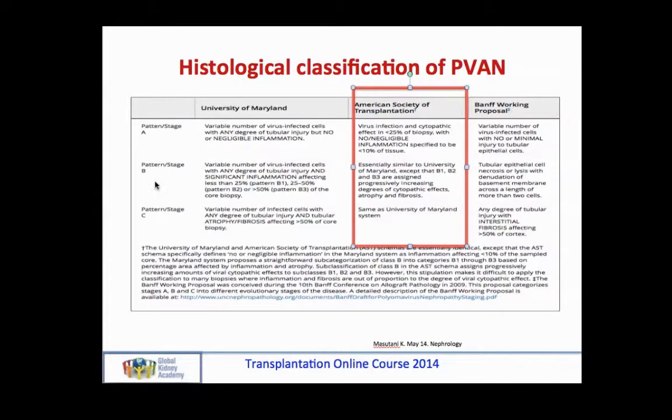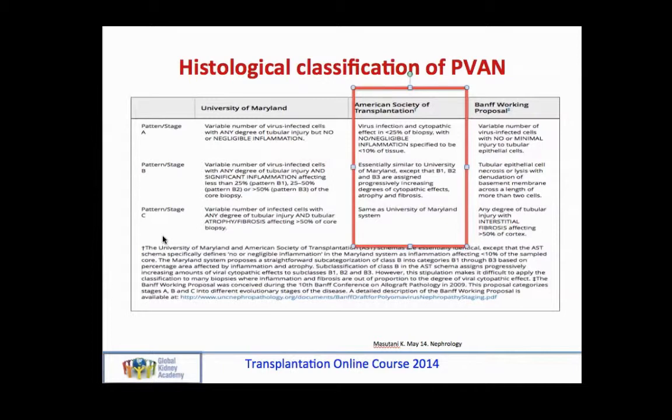So you have 3 patterns, 3 stages of injury: A, B, and C, or 1, 2, and 3, with increasing severity. In stage A, or pattern A, you'll have really very minimal effect of the virus. You might see a little bit of cytopathic change on the biopsy, but otherwise the biopsy may more or less appear normal, with negligible inflammation affecting probably less than 10% of the biopsy.